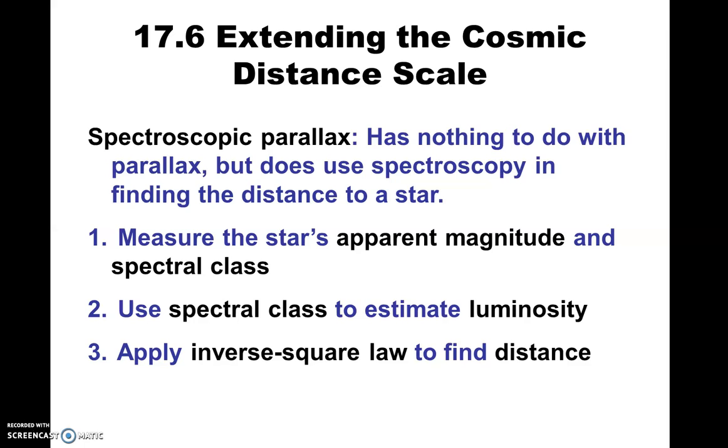Anyhow, Ohm's law has to do with electricity, and even Ohm himself, the guy who came up with Ohm's law, found exceptions to that. And so it's still called Ohm's law, but technically calling it a law is not correct because there are exceptions to it. So it's similar, at least the idea is similar, to this idea of spectroscopic parallax. It's just a really bad name.